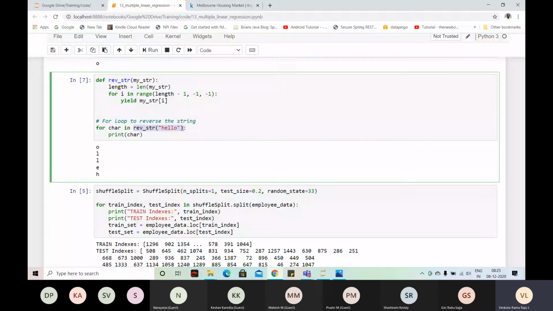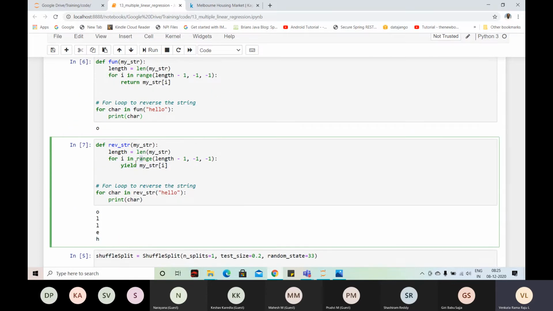But in the yield method, what is it doing? It is taking this, going here, calculating the length, and reversing it. This yield actually kept everything there and returns one at a time. So it got the 5th index, then the 4th, then the 3rd, then the 2nd, then the 1st index. This yield is the key there.